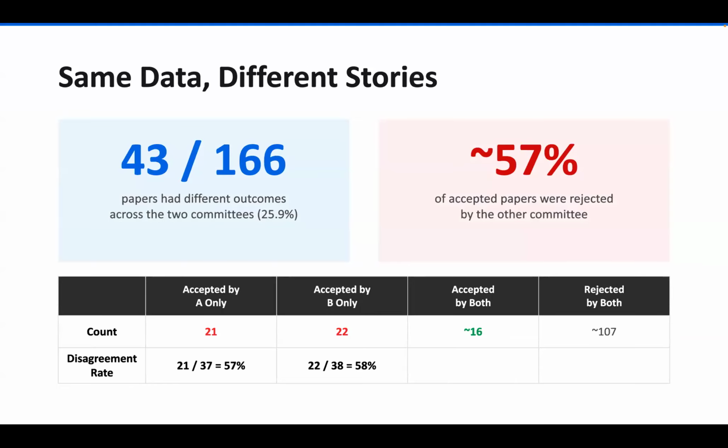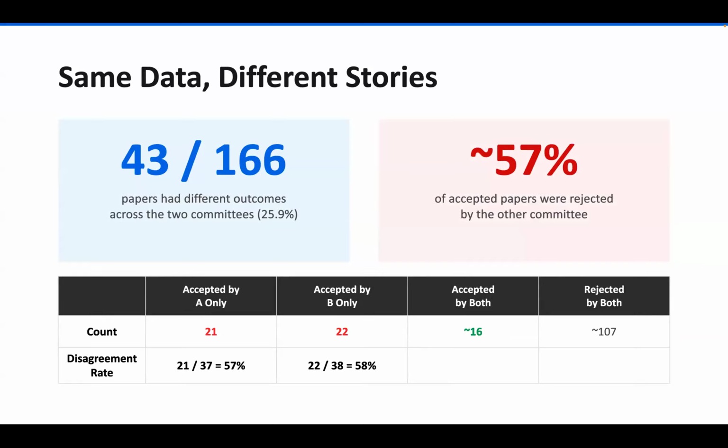Yeah, so okay, let's walk through this. This 43 divided by 166 is the total, like what is accepted versus rejected where the decision was not the same, divided by when the decision was the same, right? But what the conference had was they told the committees that they need to have a 22% acceptance rate.